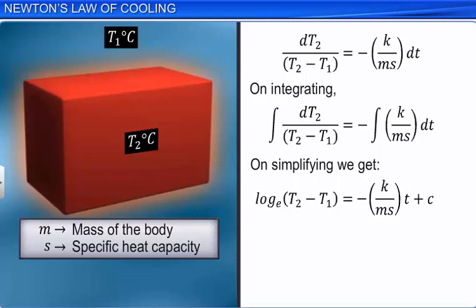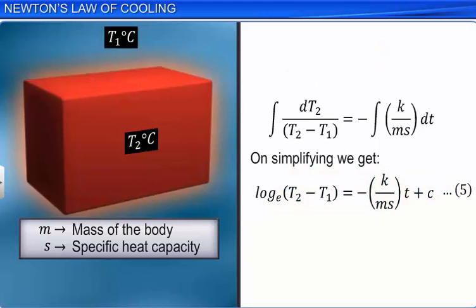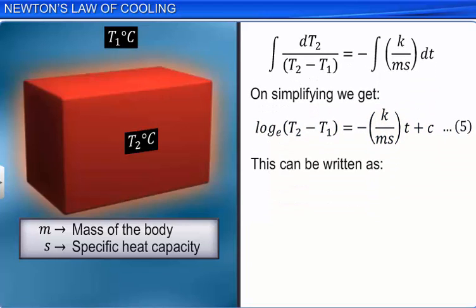This can also be written as T2 minus T1 is equal to e to the power minus K by m S into t plus C, which is equal to e raised to the power C into e raised to the power minus K by m S into t. Let this be equation 6.